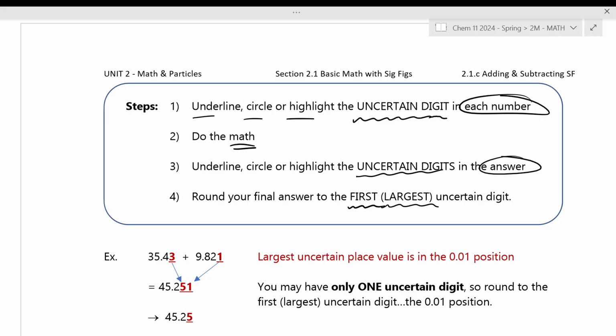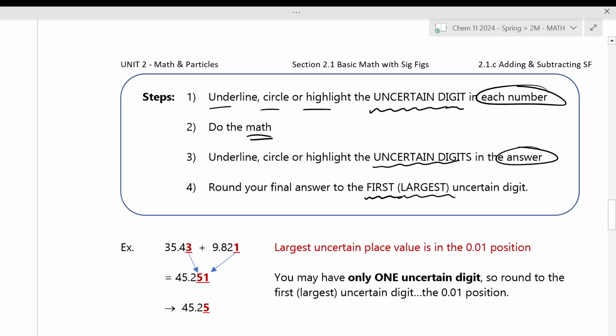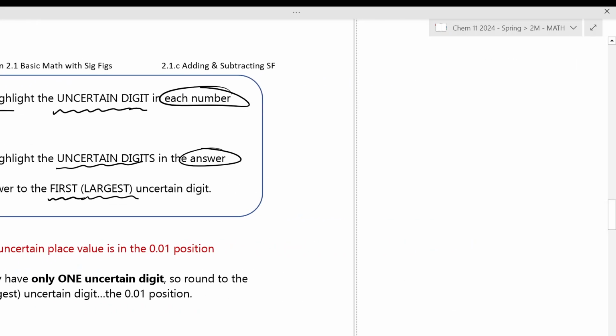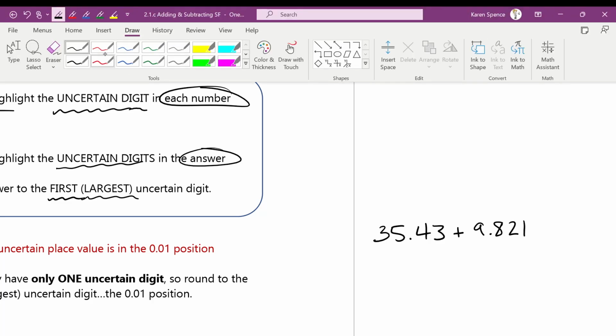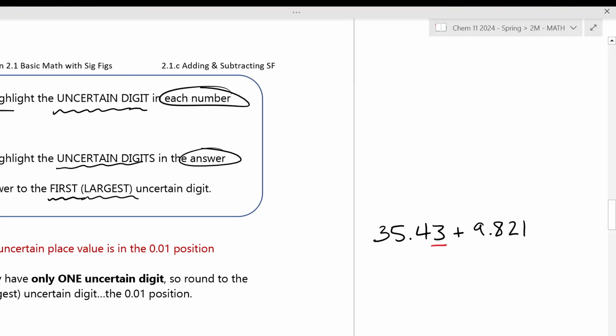We have 35.43 plus 9.821. The uncertain digits are the 3 and the 1.